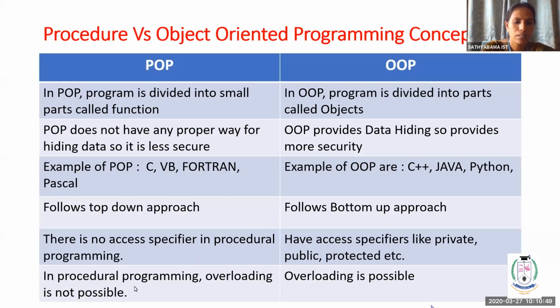One other important difference is the overloading concept. Overloading is not possible in procedure-oriented programming, but it is possible in object-oriented programming. What does it mean? We will have a detailed discussion on it in the upcoming topic along with a program example.